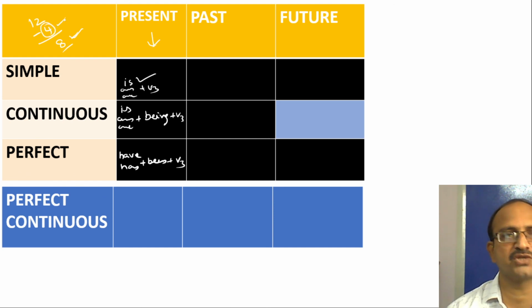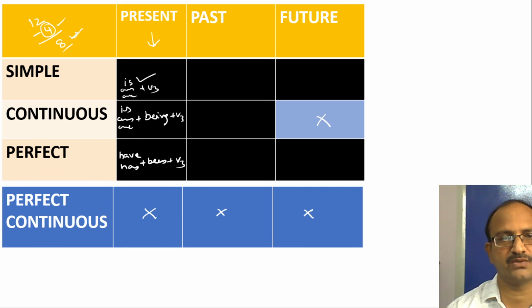But what you must know is which 4 tenses don't have any passive forms. Here you are: the 3 perfect continuous tenses don't have any passive form. Apart from these 3, the future continuous tense also does not have any passive form. So out of 12, you are going to learn only 8.